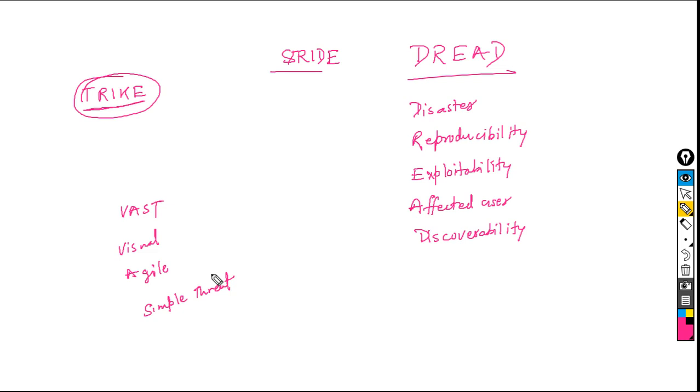So our goal or purpose is to make sure that we are able to identify all different kinds of threats and categorize them, and we follow methods such as STRIDE or PASTA, so that we will be able to stop different kinds of attacks which may happen on our network or to our organization.